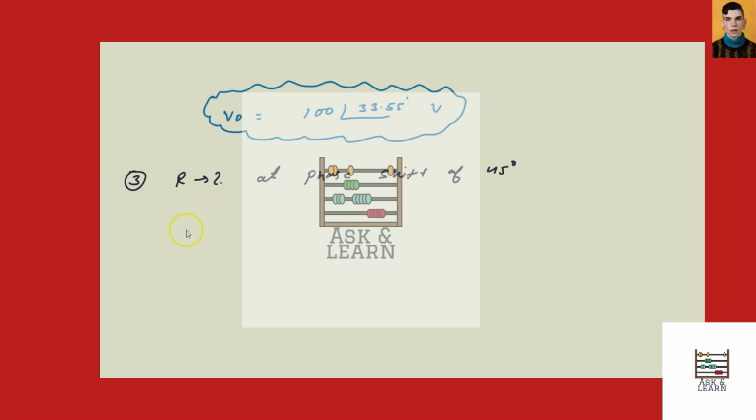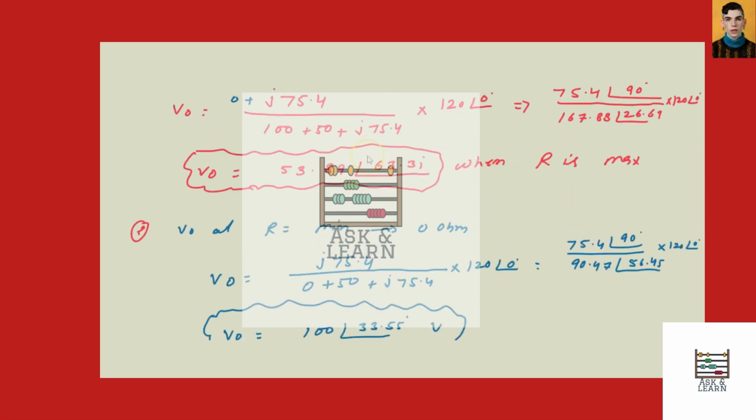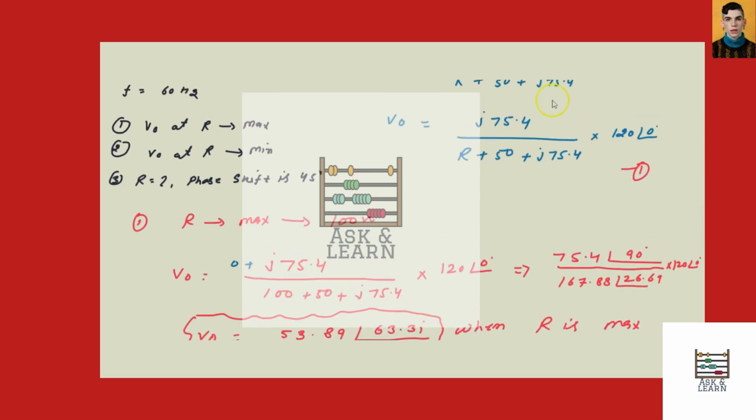To produce the phase shift of 45 degree, first we calculate the phase of the output voltage V naught. From the formula you can calculate the phase of the output voltage, so we write the formula here to make the calculation easy.